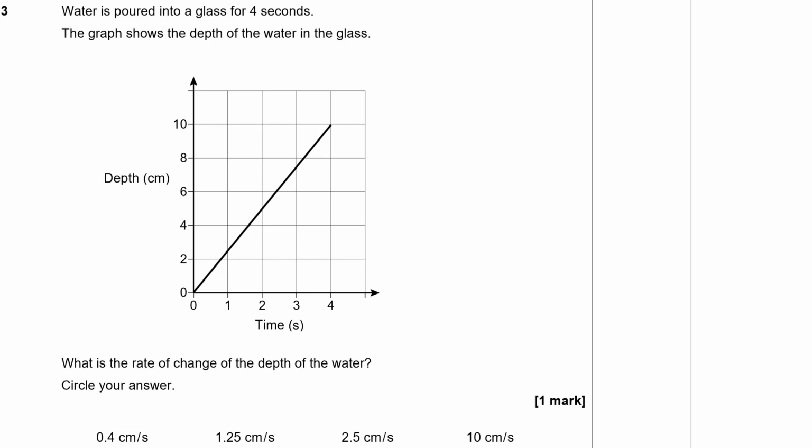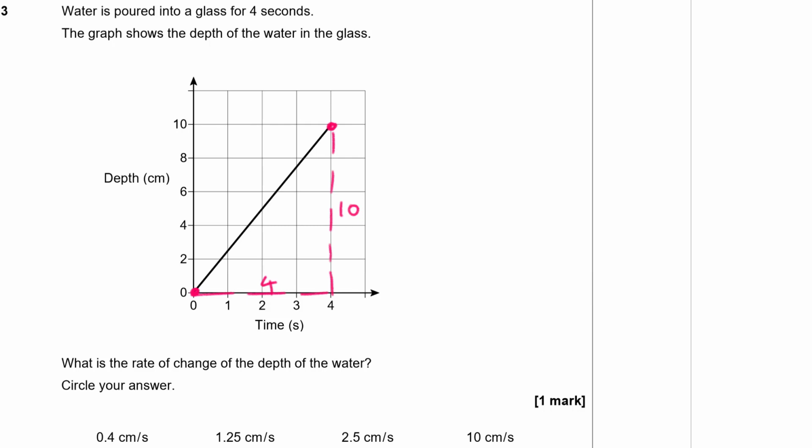Now to work out the gradient of a straight line, we need to select 2 points on the straight line, and we need to work out what the change in y is and divide that by the change in x. So the change in y here is the difference between 10 and 0, so that's 10 that way, and from 0 to 4 that way is 4.